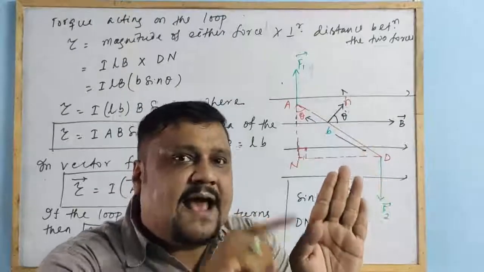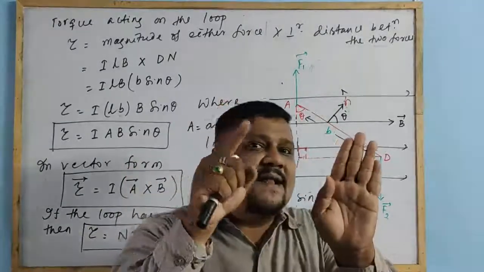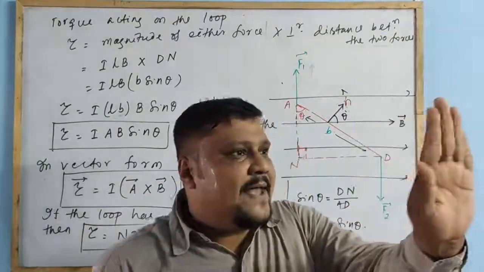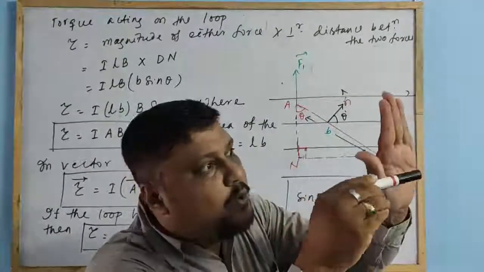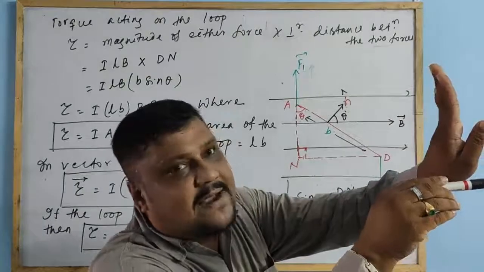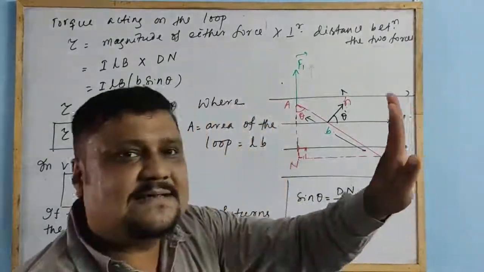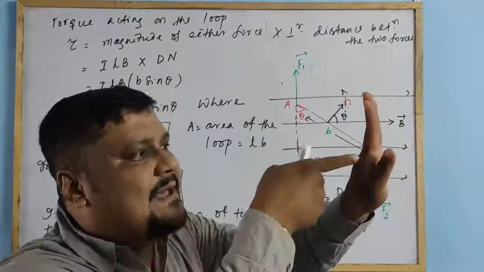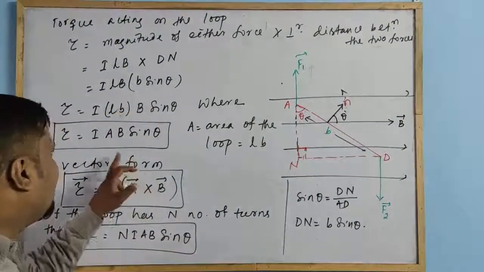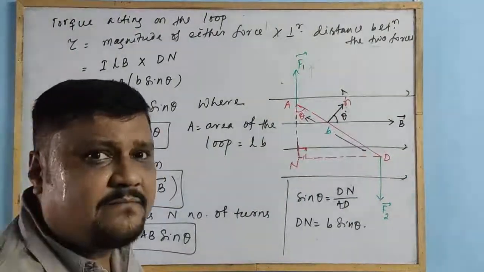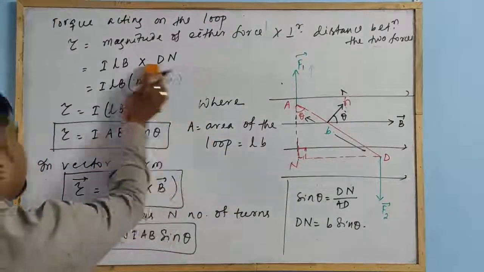Then what angle does the area vector make with the magnetic field? This is the magnetic field, this is the plane of the loop, and the plane makes an angle 60 degree with the magnetic field. In that case, the area vector makes an angle 30 degree.